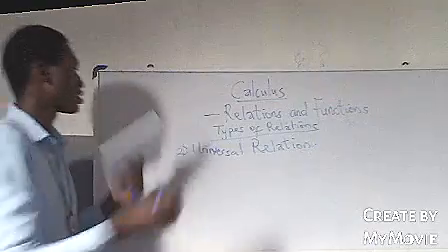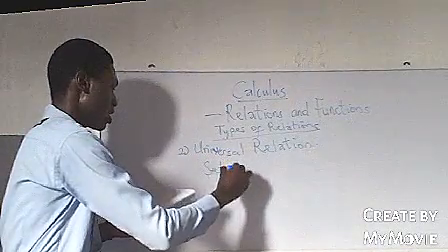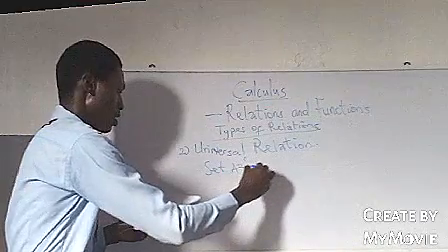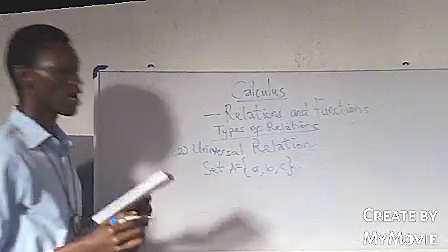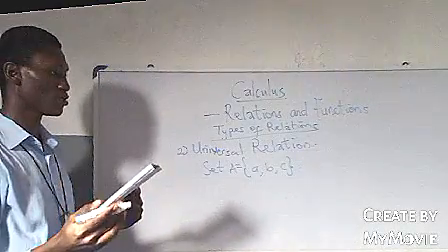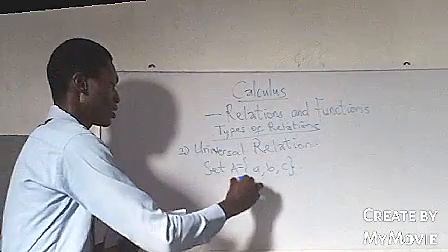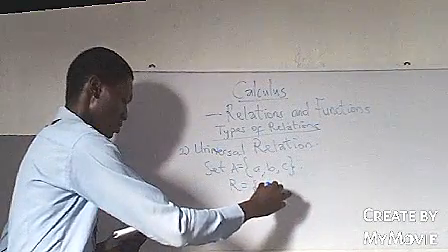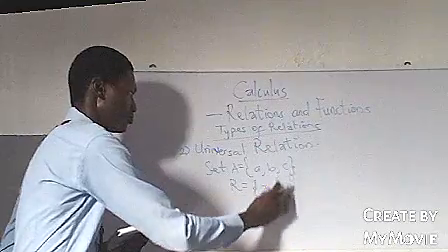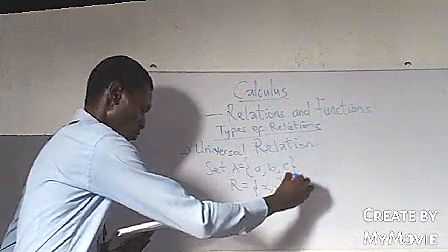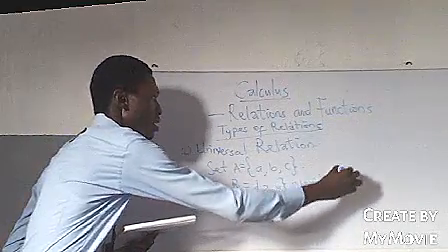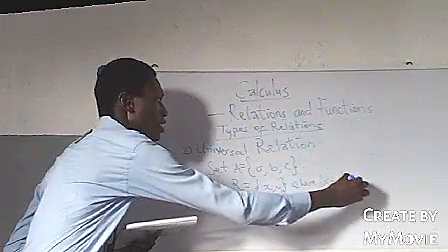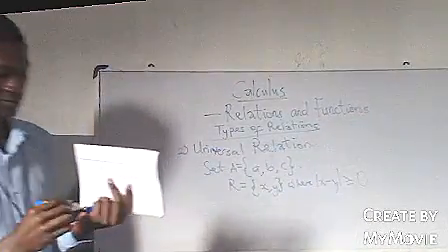So if, for instance, we have set A being A, B, and C, an example of a universal relation would be taking our arrow as X and Y, where X minus Y will be greater than or equal to 0.